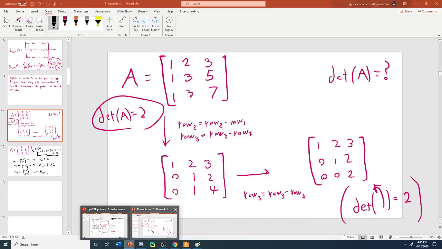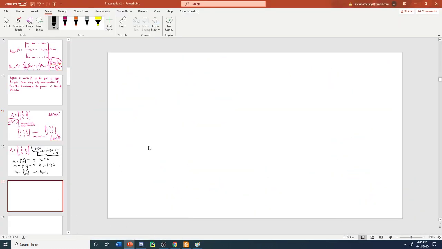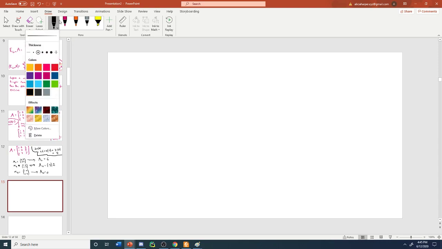Let's do another example of this method. Maybe we'll go up and we'll look at a 4 by 4 matrix.